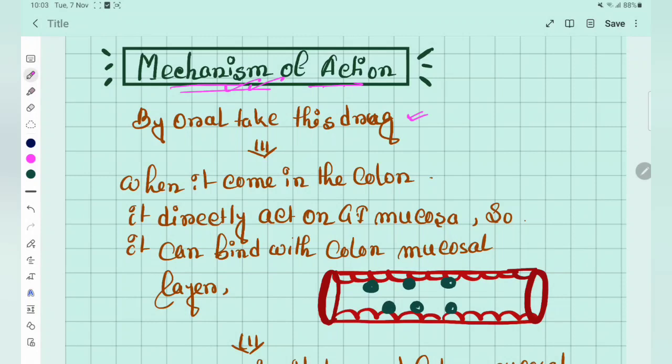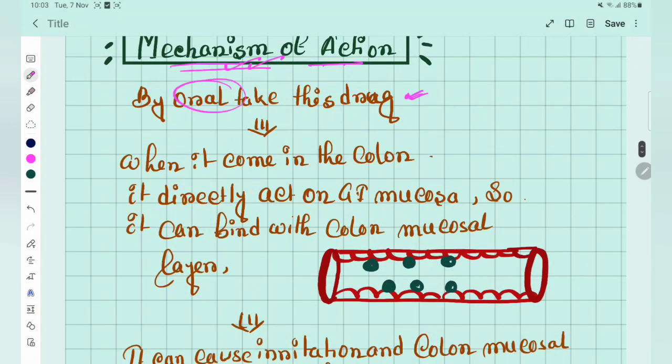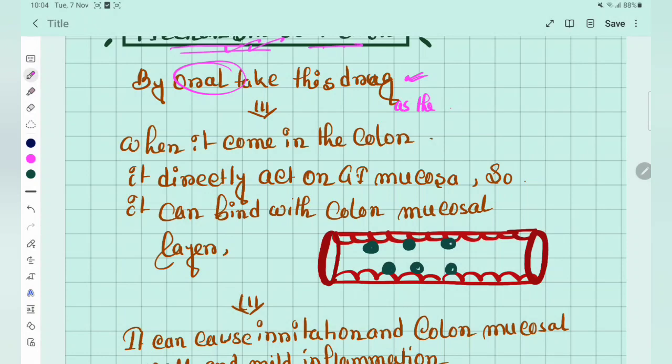When we take these stimulant laxatives like bisacodyl, senna orally, as the stimulant laxatives are non-digestible, they are not digested in the stomach. So when they come into the colon, they directly act on the GI mucosa.